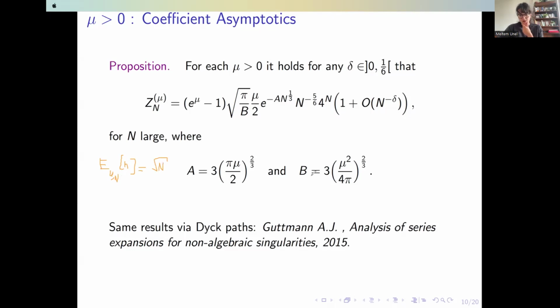So this is the generic case. But in our case, if I take nu mu, then this is on the order of, I think there is a square root of pi as a constant, and here this is of order n to the 1/3. So this already gives the clue that the local limit is probably not going to be the same as the local limit of uniform infinite planar trees.